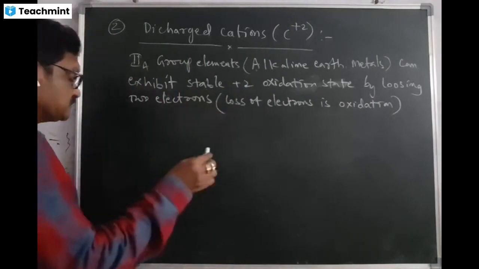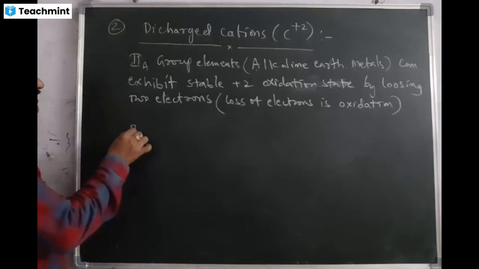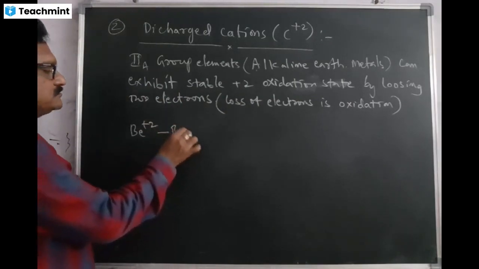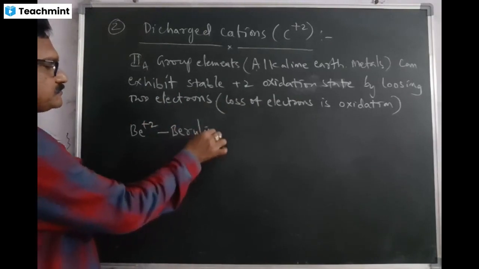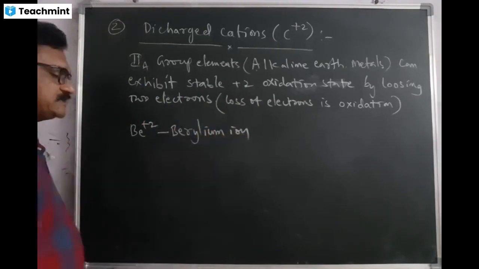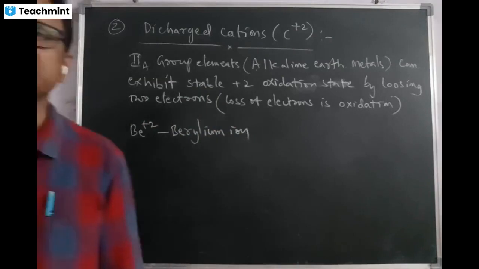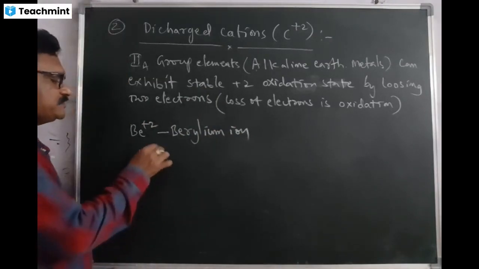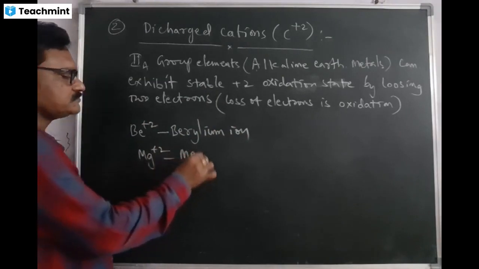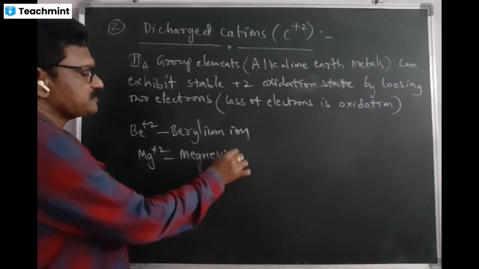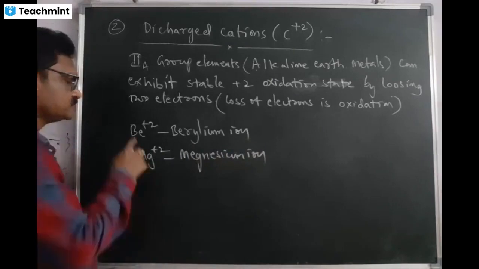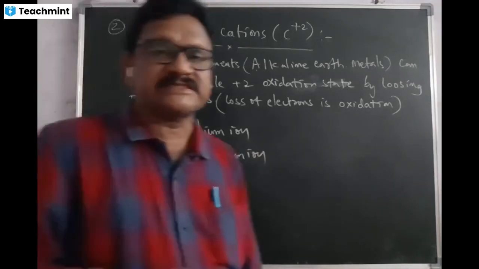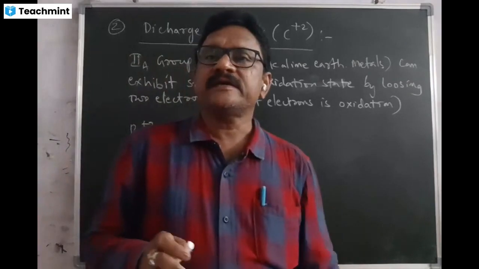Okay. See, I write here, second A group: Be+2, this is called beryllium ion. You write down beryllium ion. Mg+2, magnesium ion. Ca+2, calcium ion. So all these are stable in +2 oxidation state. Why?